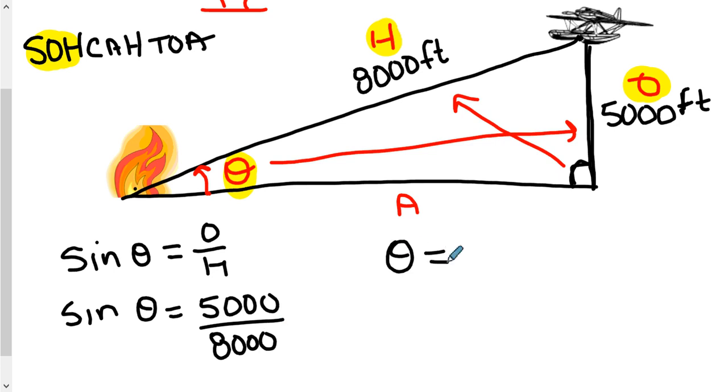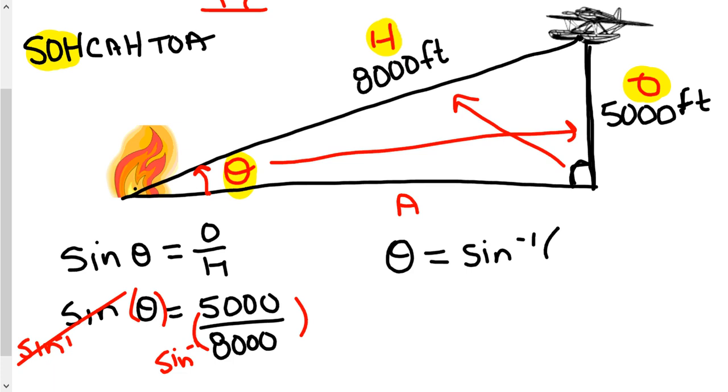Like we've done before, I take the inverse of my function. That's what gets the angle out. It's currently stuck inside until we unsine it. But I have to do the same thing to the other side. So I'm taking the inverse sine of that whole right side, that whole ratio, 5,000 over 8,000.